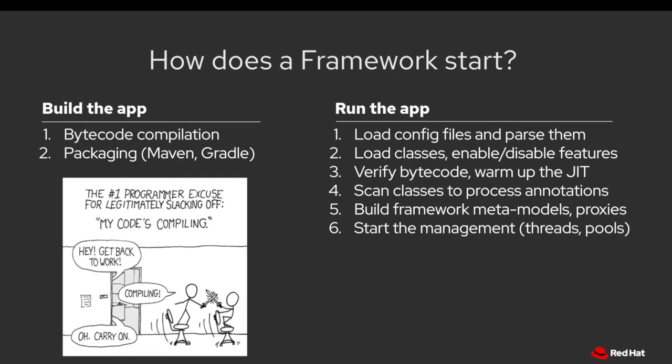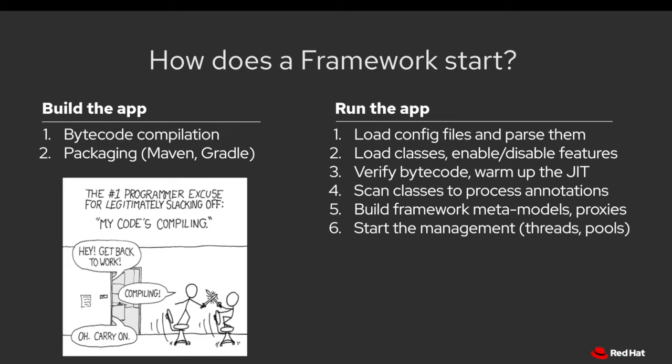In the meantime, for a Java application at build time, they need to create the bytecode compilation, also known as the intermediate code, and then the packaging using some tool like Maven or Gradle. And developers spend a lot of time in this step building the application. And then what happens when you run that application in your production environment, or even your local machine?